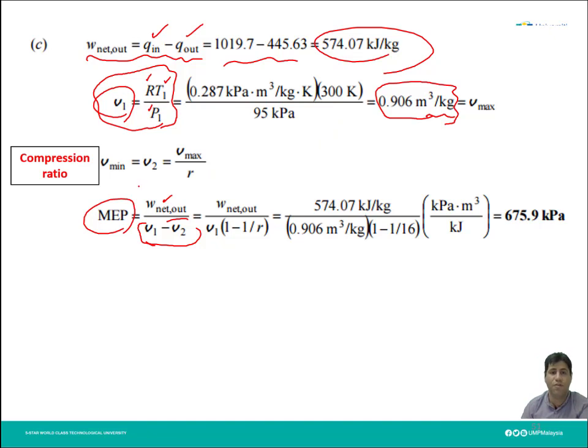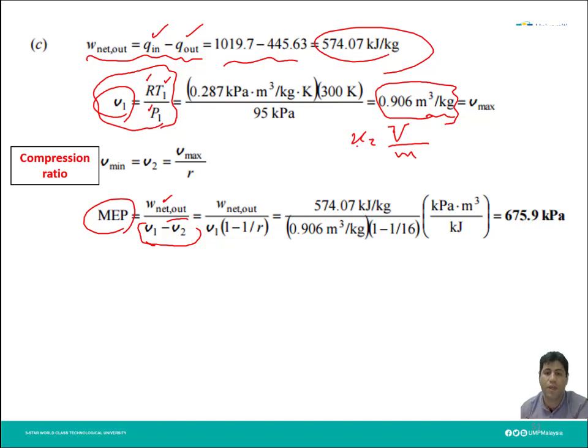If you remember, the specific volume for any state is equal to the volume in that state divided by the mass in that state. Here we have a closed system. M is constant, but the volume in different states in the cycle will change.